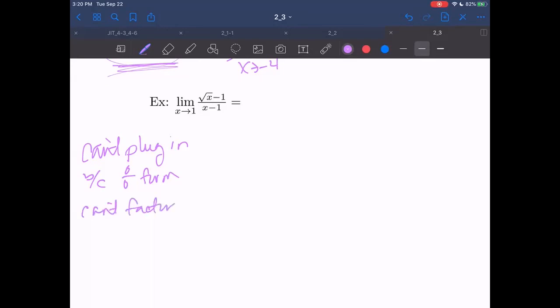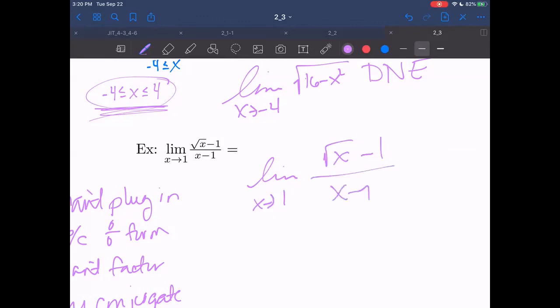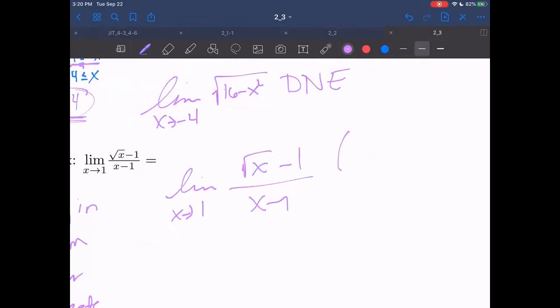So then our next step is to try a conjugate. If we multiply this, we've got the limit as x approaches 1 of square root of x minus 1 over x minus 1, and we multiply by a conjugate, square root of x plus 1 over square root of x plus 1.